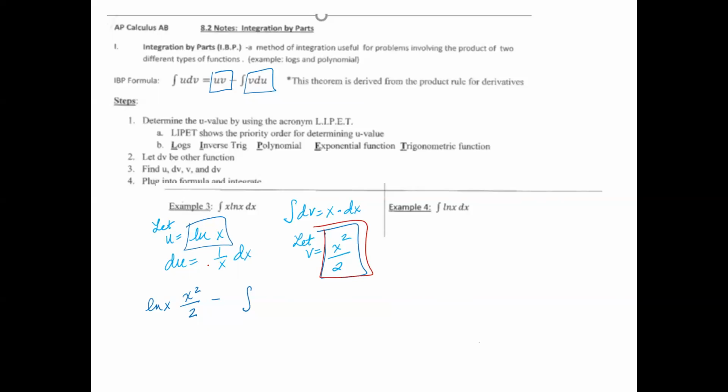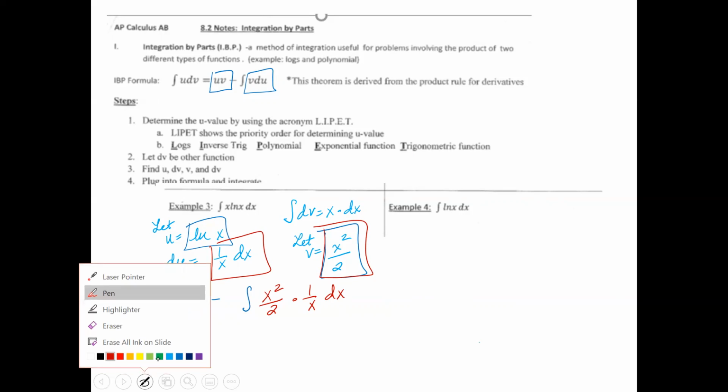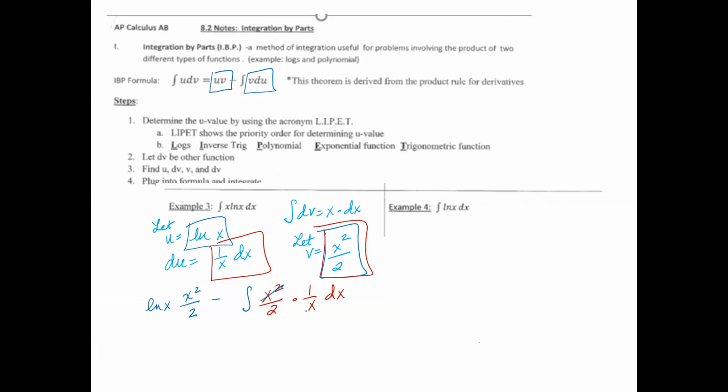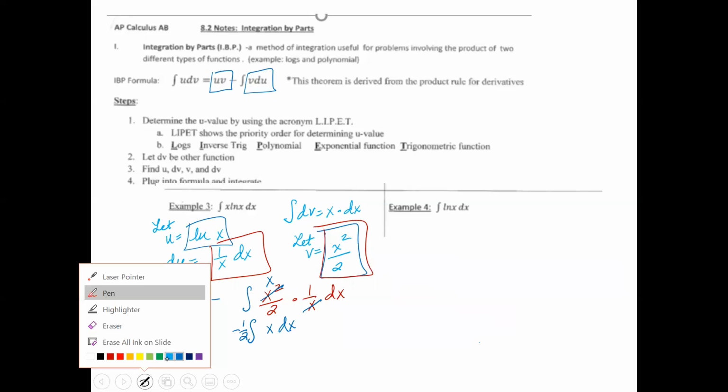So I'm going to have x squared over 2 times 1 over x dx. And now you can see specifically why I chose v to be x squared over 2, because this way I can cancel this part and I have an x right there, which means I can rewrite this as 1 over 2 integral of x dx.